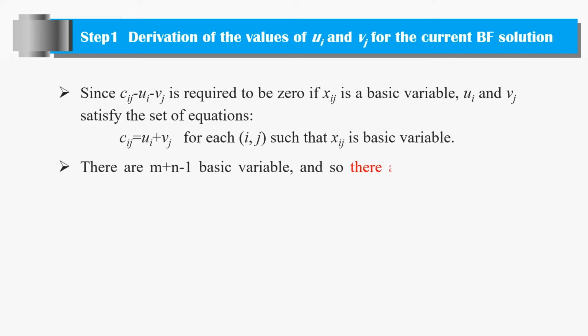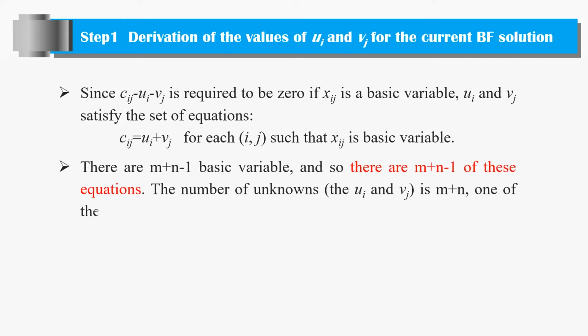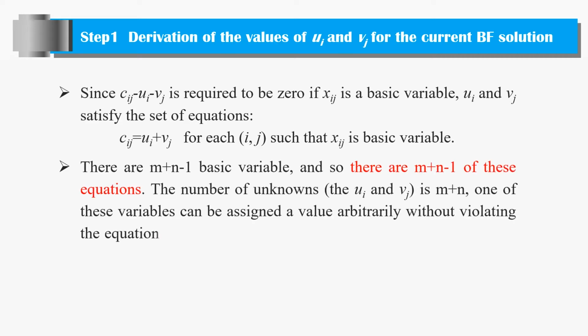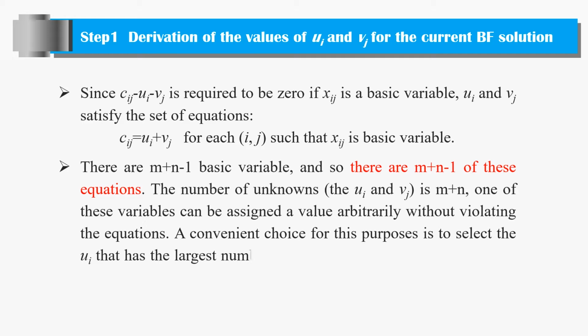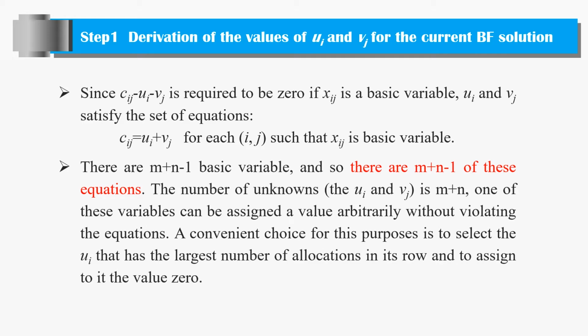There are m plus n minus 1 basic variables, and so there are m plus n minus 1 of these equations. The number of variables is one more than this, so one of these variables can be assigned a value without violating the equations.